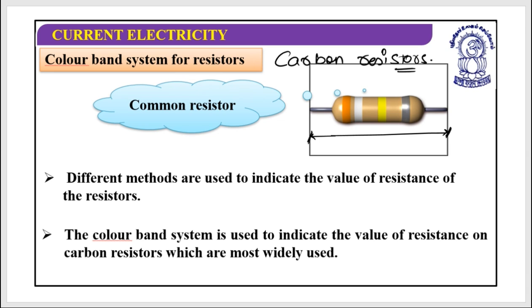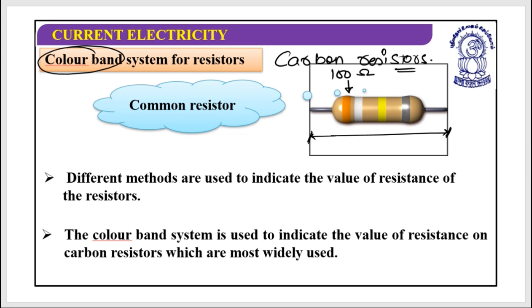But if I have been asked for, let's say, 100 ohm, how could I identify from this whether it is of 100 ohm or not? Because even on the resistor there is nothing written anywhere about the value of this resistance. So how can I come to know the value of this resistance? For this, we have defined a color band system for resistance.